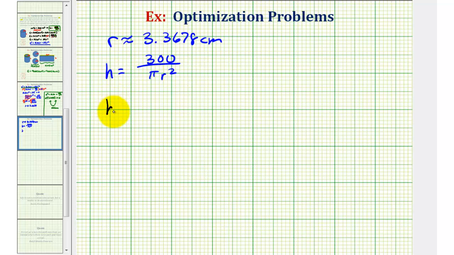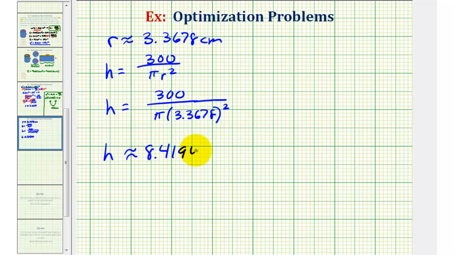That means h is equal to 300 divided by pi times 3.3678 to the second power. Again, to save some time, I've already determined this value. h comes out to approximately 8.4194 centimeters.